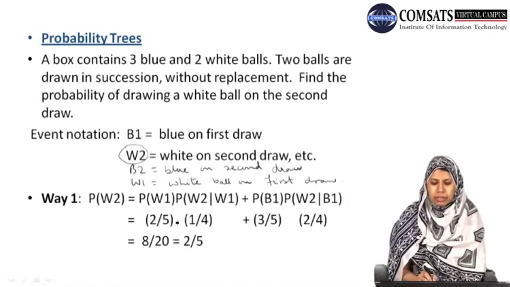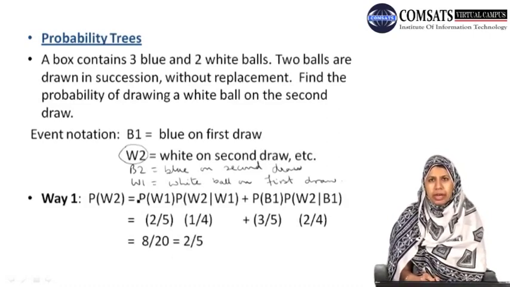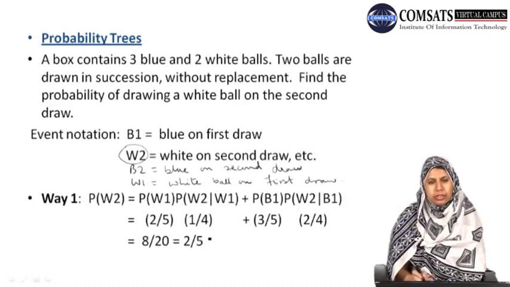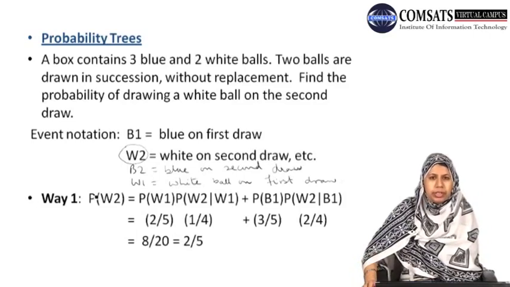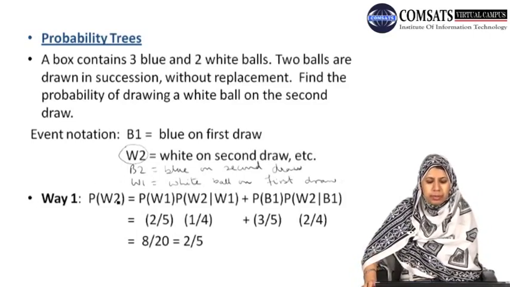And solving all these values, we obtain that the probability of obtaining a white ball in the second draw is 2 by 5. And how do we find the probability of obtaining the white ball on our second draw?